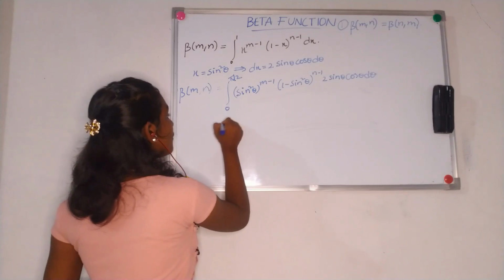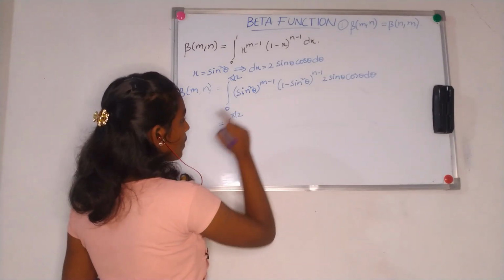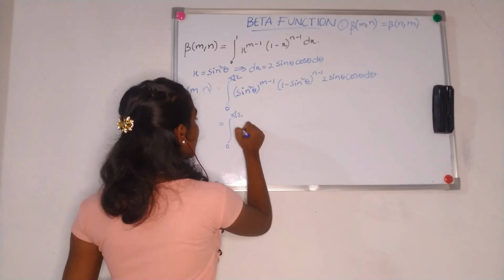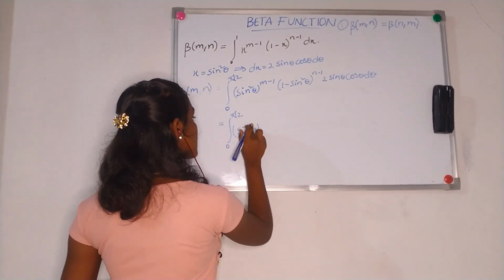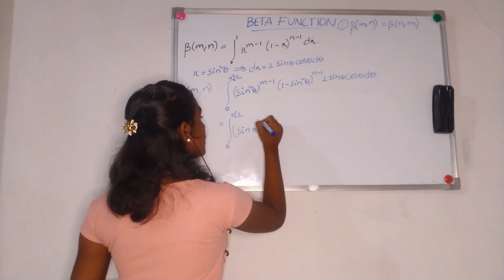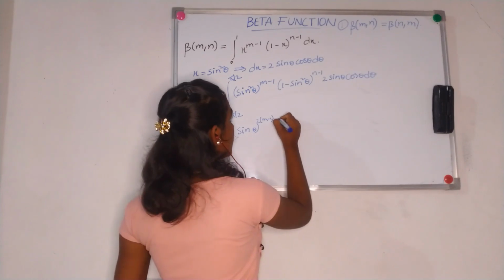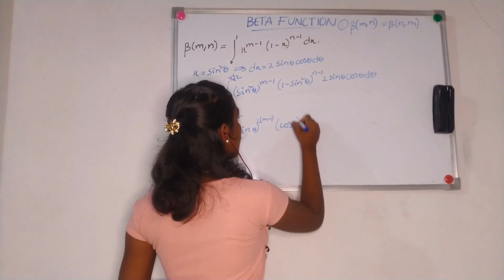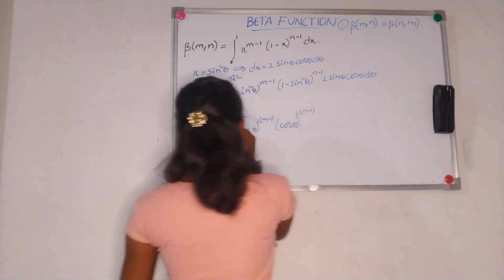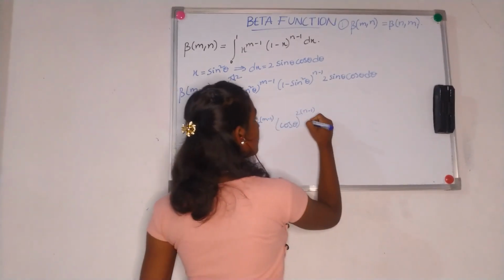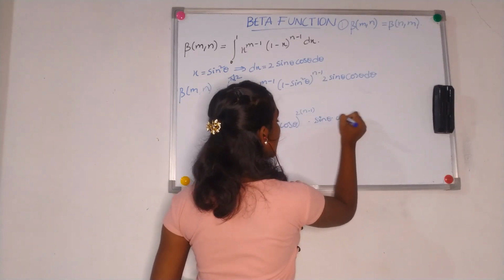Now from 0 to pi by 2, I have sine square theta, meaning sine power 2 into m minus 1, into cos theta whole power 2 into n minus 1, and I'll put this 2 outside, sine theta into cos theta d theta.